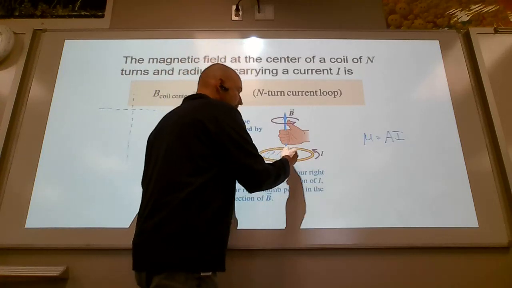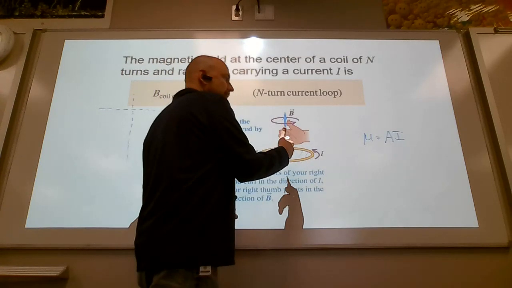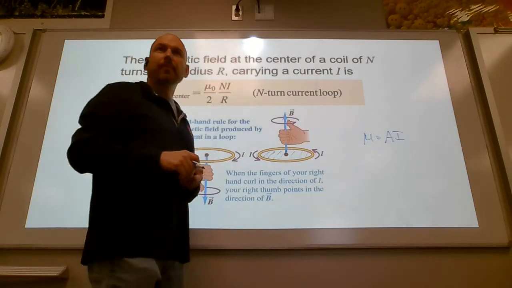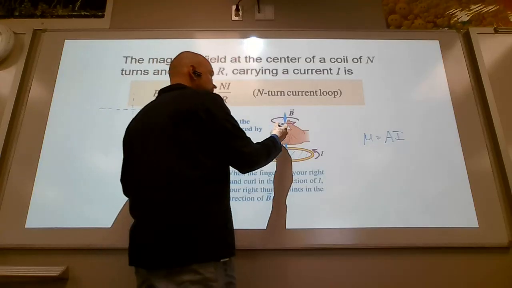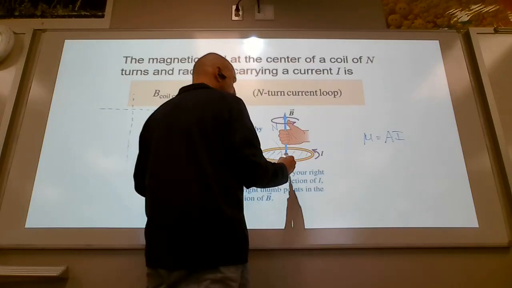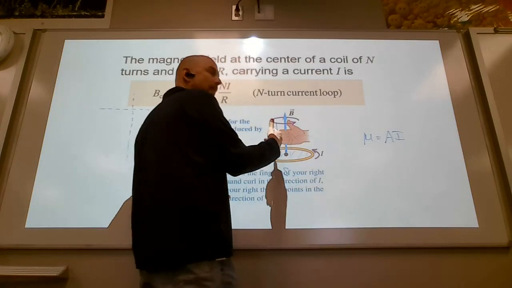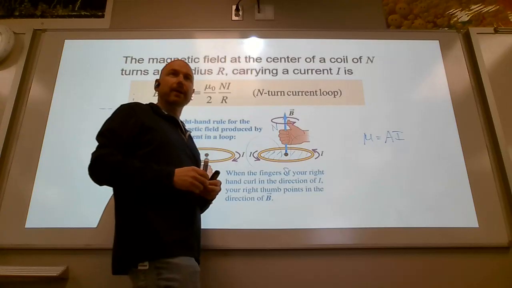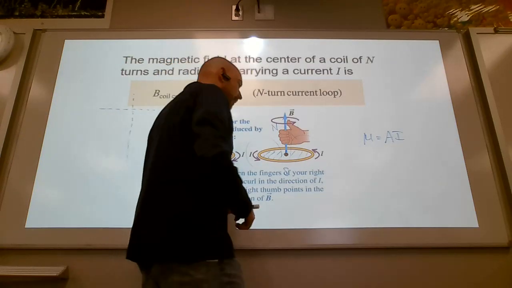So this would be the area on the current, and it's always perpendicular. It's going in the direction your thumb's pointing. Okay, it points towards the North Pole. You all right with that? Magnetic moment.